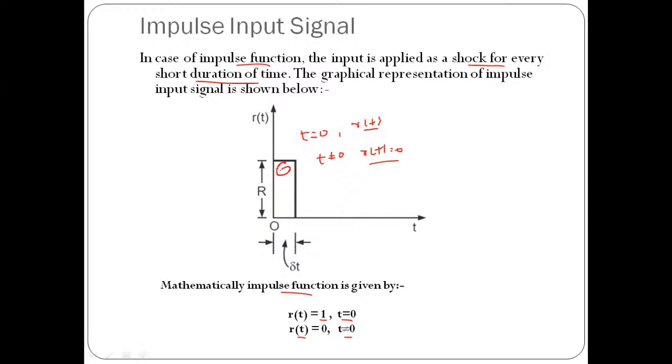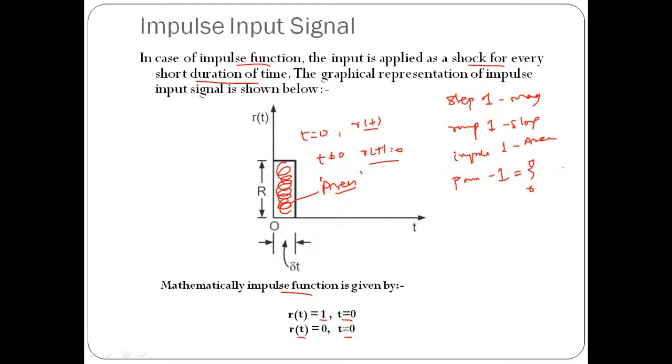That is important. So in the case of step, 1 stands for magnitude. In the case of ramp, 1 stands for slope. And in the case of impulse, 1 stands for the area under the curve. Now the question is, in the case of parabolic, what does this 1 stand for? This you need to find out.